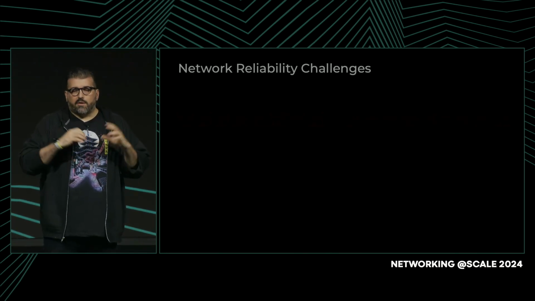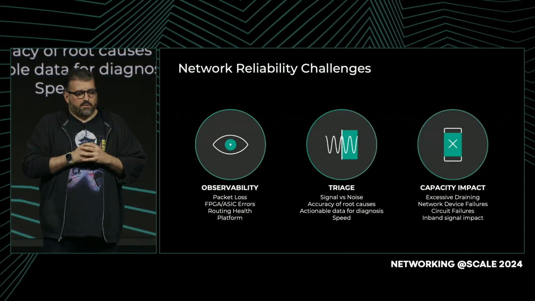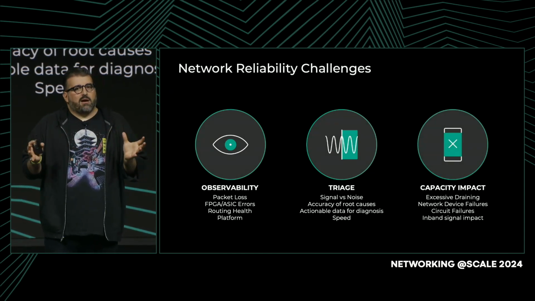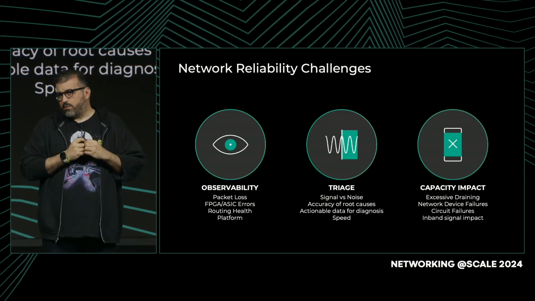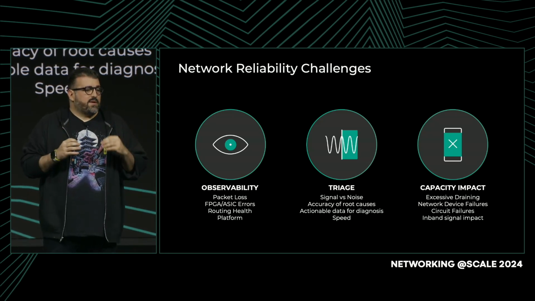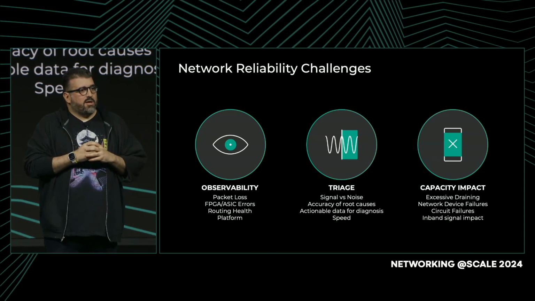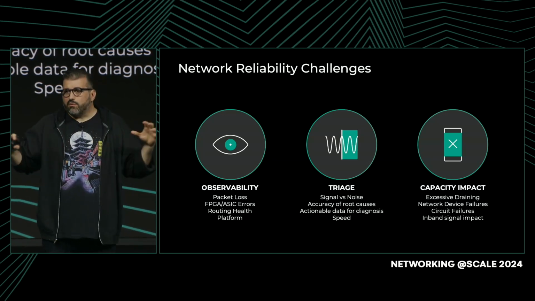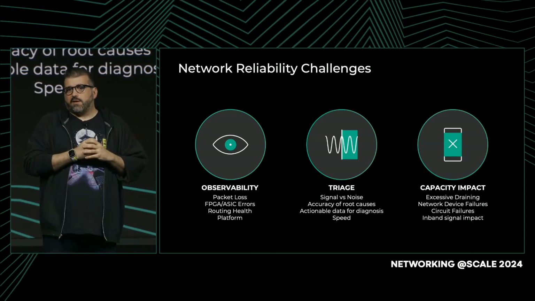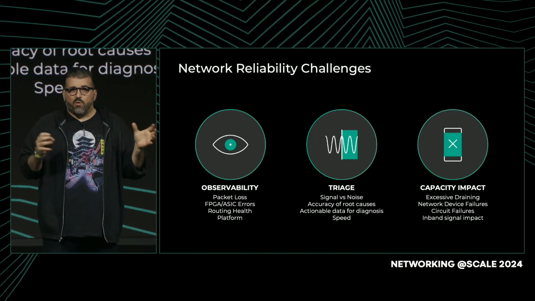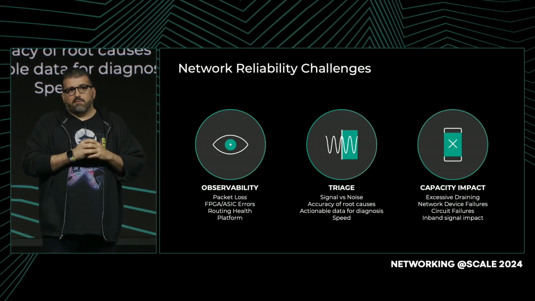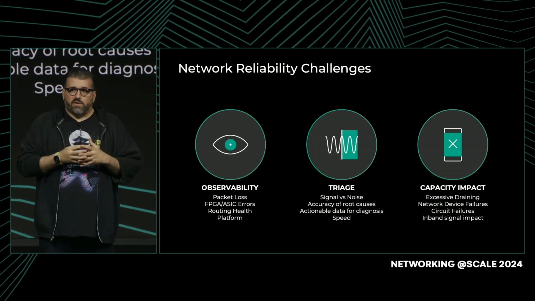Let's talk about the challenges in doing this at scale. There are many challenges. We basically have 3 groups in mind. The first one is observability. The performance and the reliability of this training cluster hinges on our ability to consume a vast set of data, sometimes from sources that really don't go well together, and to be able to provide answers to questions such as, do we see any obvious disruption?